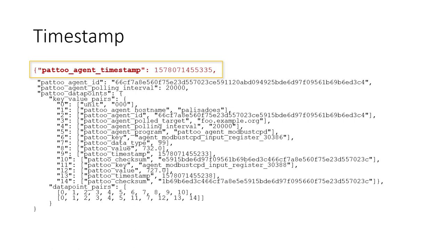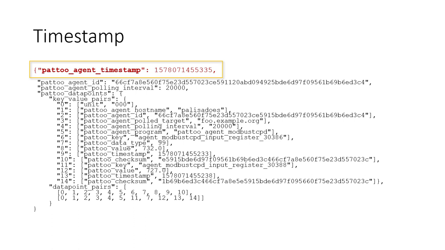You'll notice that the timestamp has a prefix on the name: Pattoo underscore. A number of key value pairs in this JSON data have a Pattoo underscore prefix. These are all automatically inserted behind the scenes by the various Pattoo shared libraries that were discussed in previous videos, so that you as a coder don't have to do it yourself.